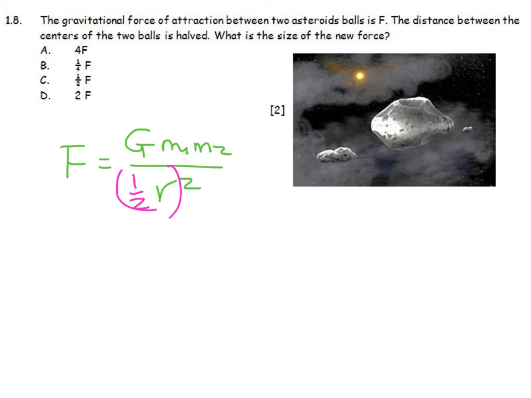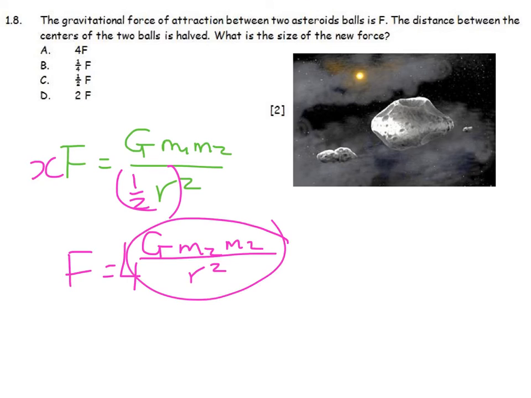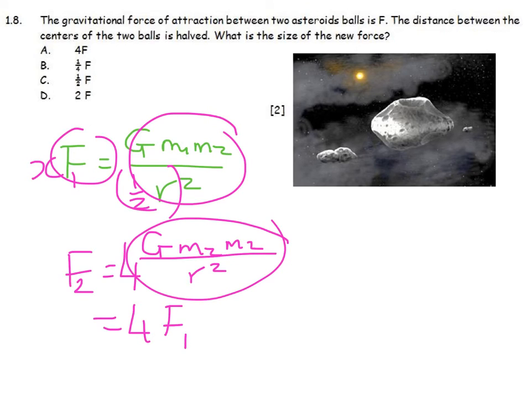So it means F is equal to G, a half squared becomes a quarter at the bottom, which is the same as a big 4 in front. So what's happened over here is this was that, which was the F. So my new force, force 2, is 4 times my old force, which was force 1.